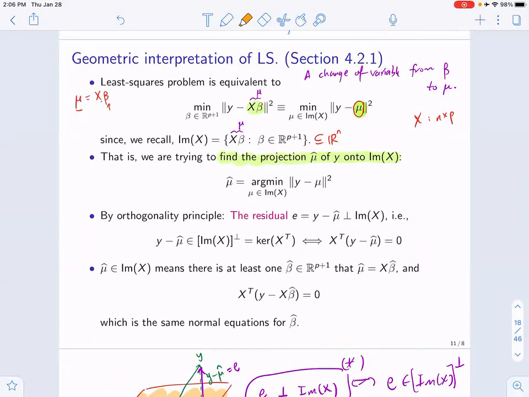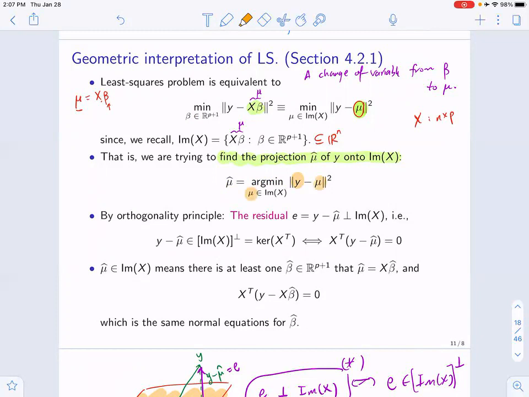We reduced the MLE to the least squares problem, which is finding beta, the coefficient vector of regression. The least squares problem can be written in this rather abstract way, which says that given y, what is the closest mu in the image of X to y?